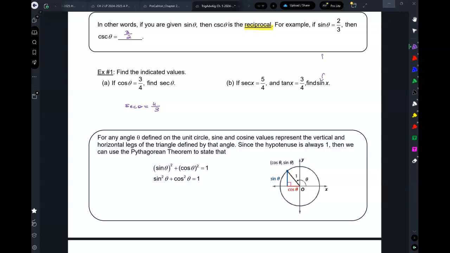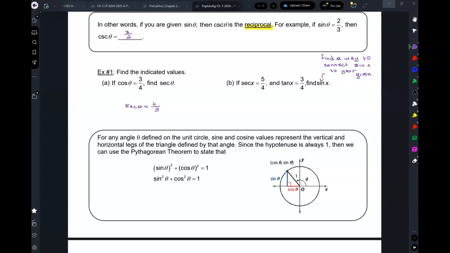So you have to find a way to connect sine of x to what you're given. You have tangent of x and secant of x, and you need to find sine of x.